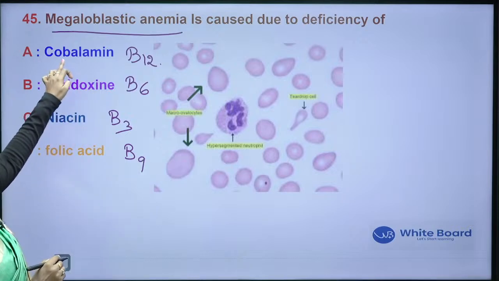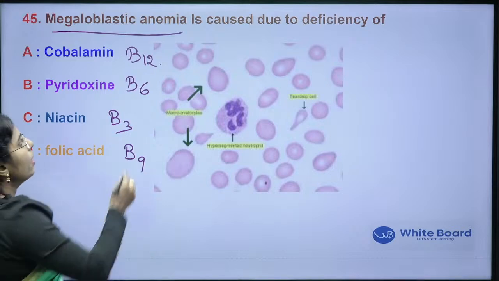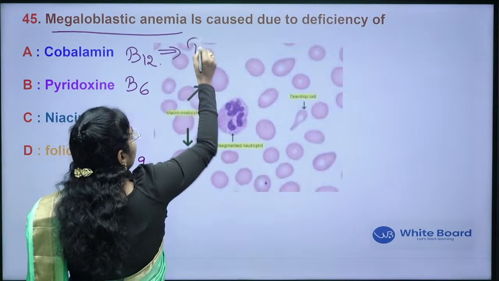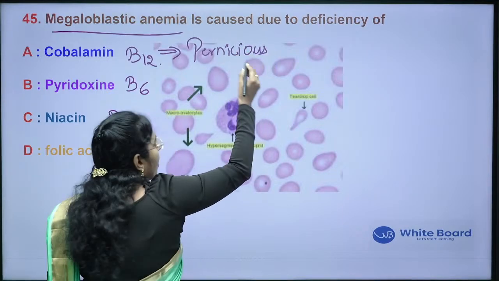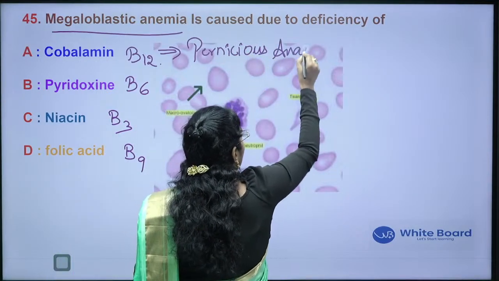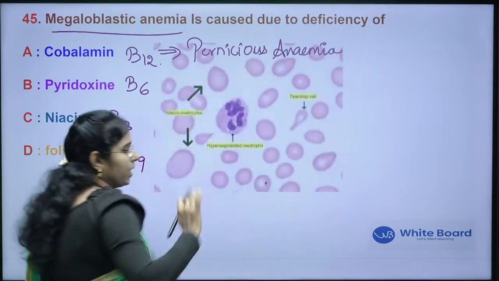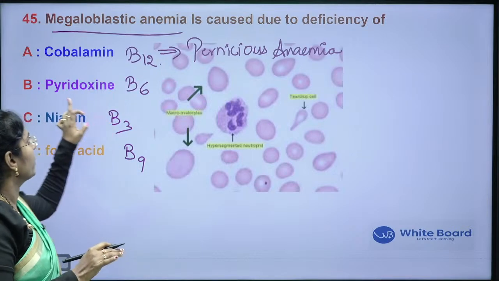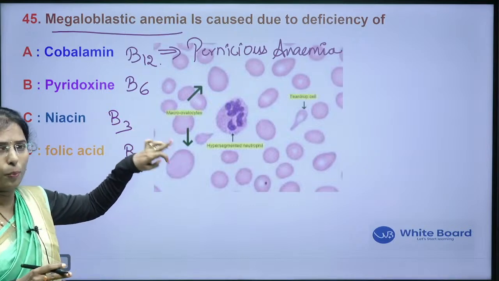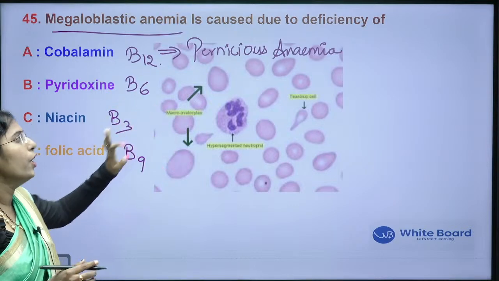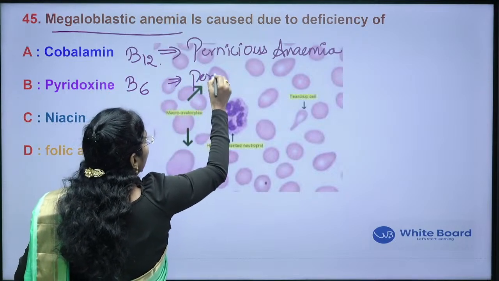Generally, deficiency of cyanocobalamin, vitamin B12, causes pernicious anemia, a condition in which there is a decrease in RBC count. Next is pyridoxine. Its deficiency leads to peripheral neuropathy.